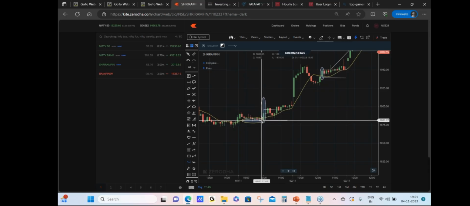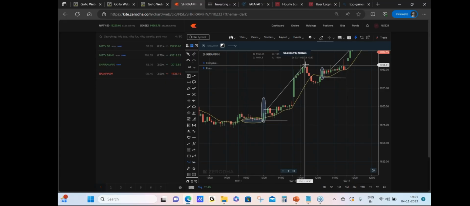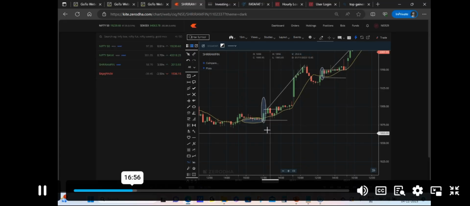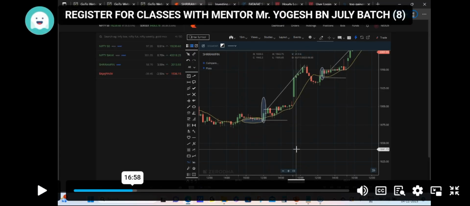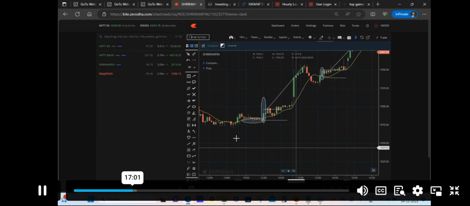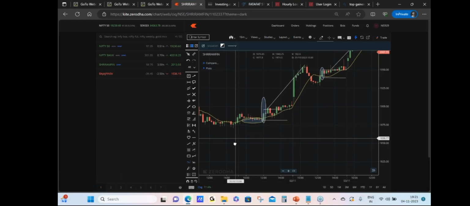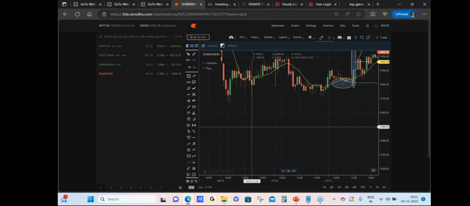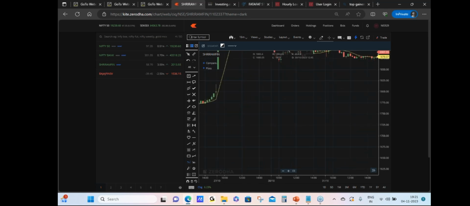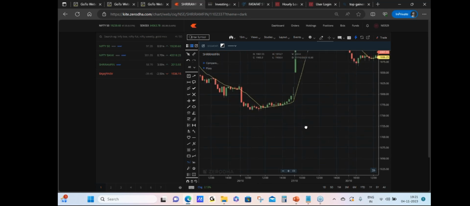The high of this candle was breached here. And if I take it, don't you think there was a beautiful trade without hitting my stop loss? I'll show you more examples.